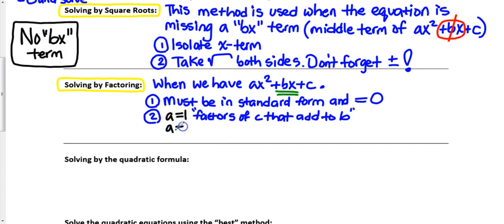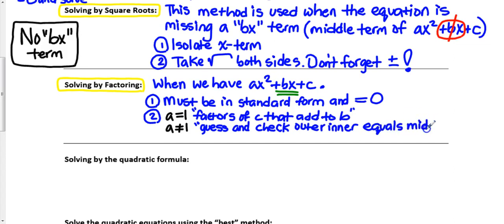If a is not 1, we will need to guess and check. Outer, inner equals middle.